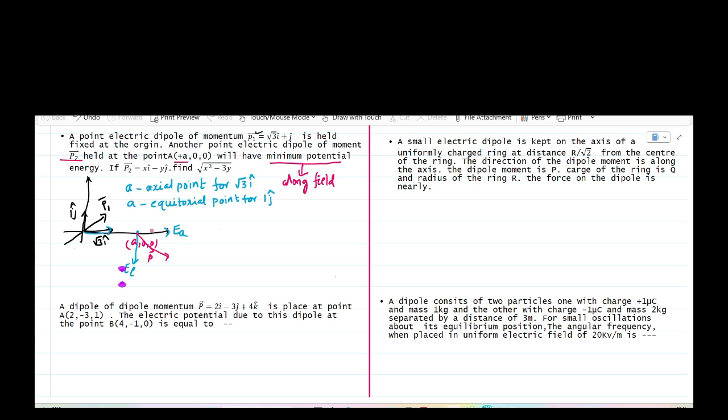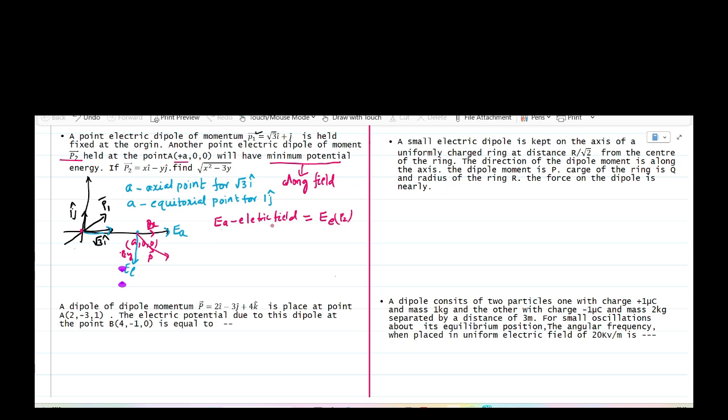Right. So now this is P1x, P2x, and in the direction P2y. So now EA is the electric field, which is equal to the axial field for P1x. A is an axial point for P1x and an equatorial point for P2x, so the EA field is due to the equatorial field of P2.